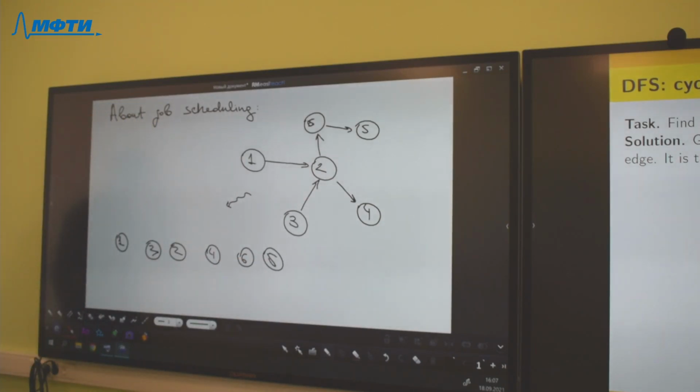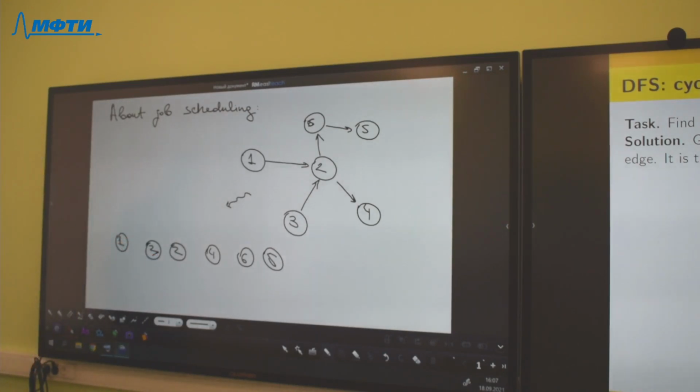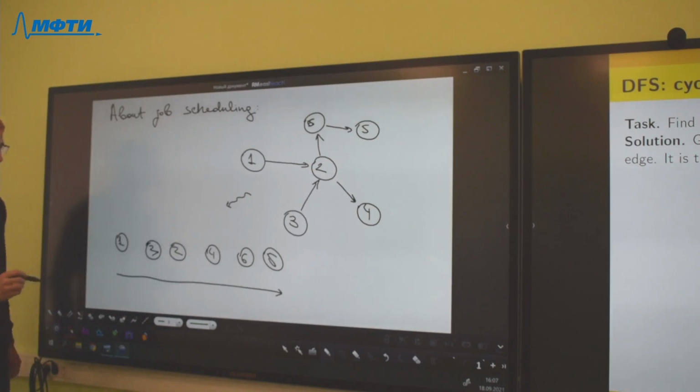In this order, because if we do task A and then task 3, we can do task 2. Yep. And we can do the tasks in this order. This is about job scheduling.